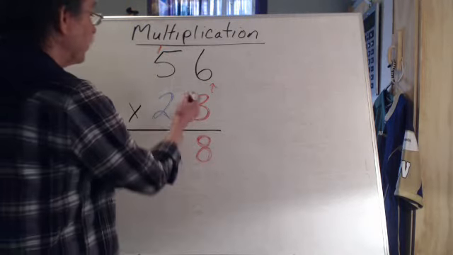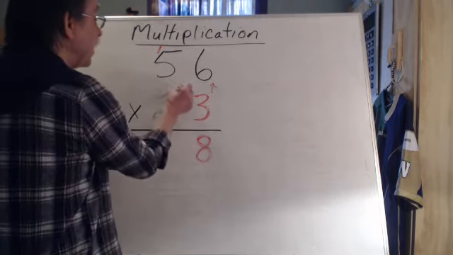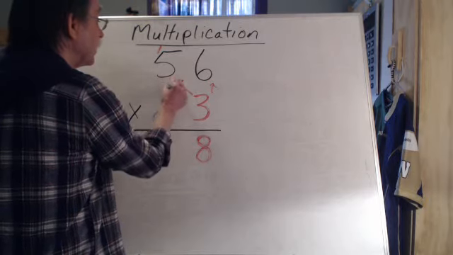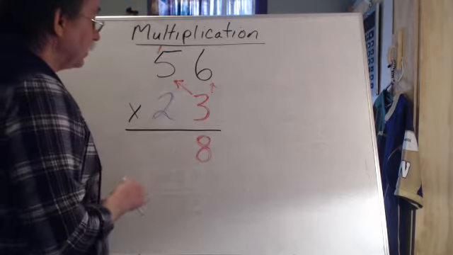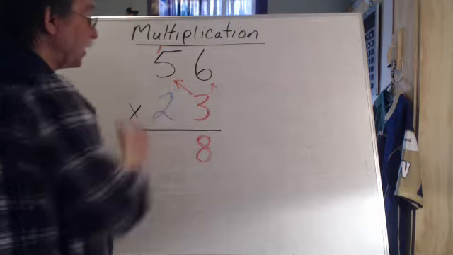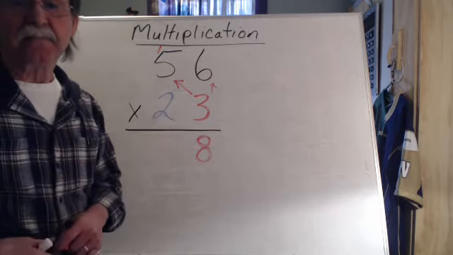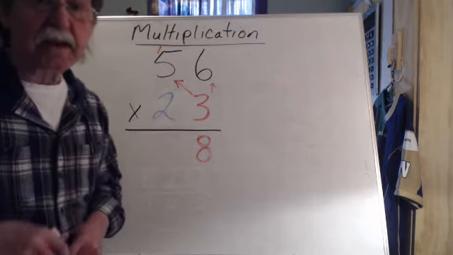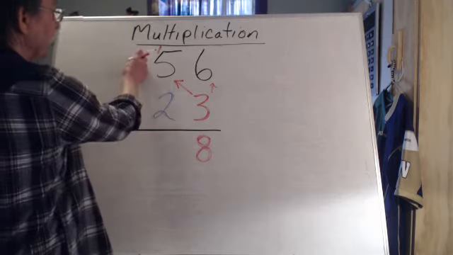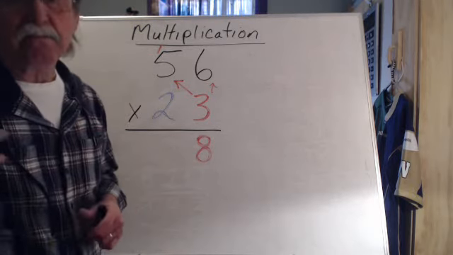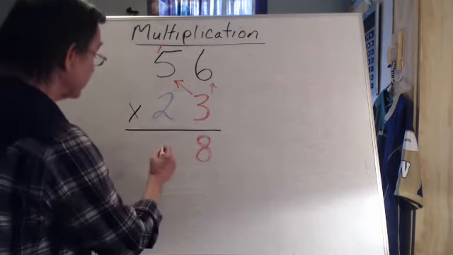So now we go 3 times 5, and 3 times 5 is 15, but we have to carry that extra 1 that I put over here. So 15 plus 1, obviously, is 16.